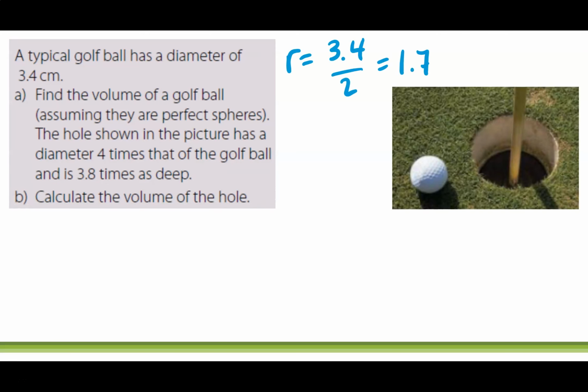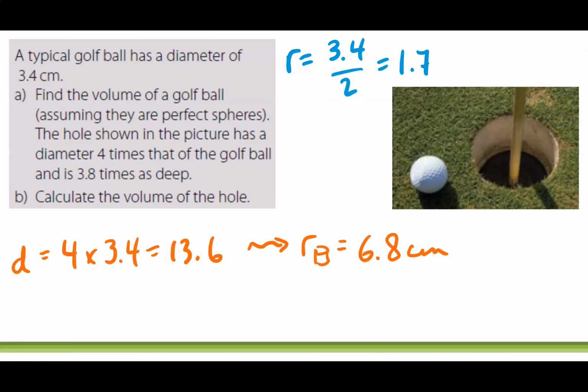Let's see what else it says. Part B here says find the volume of the hole, noting that the hole is related to the size of the golf ball itself. It says the diameter is 4 times that of the golf ball's diameter, and it's 3.8 times as deep. Right, so we need to make some comparisons here. I'm going to measure the cylinder, that is the golf hole, minus of course the pin or the flag that sticks out of it. If I take 4 times the previous diameter, the diameter is 3.4 centimeters, 4 times that is 13.6.